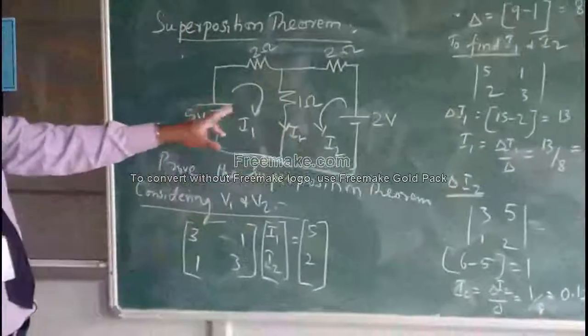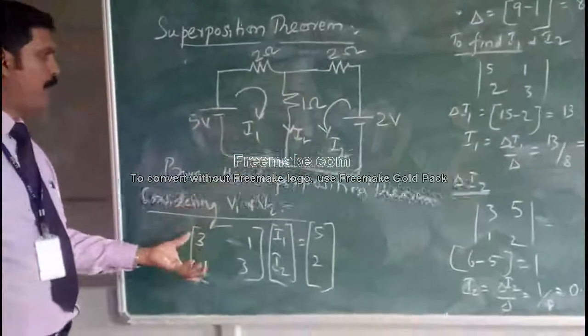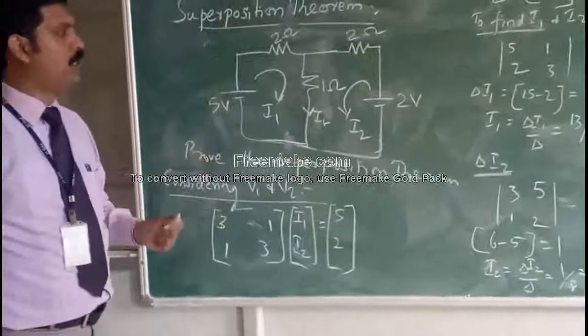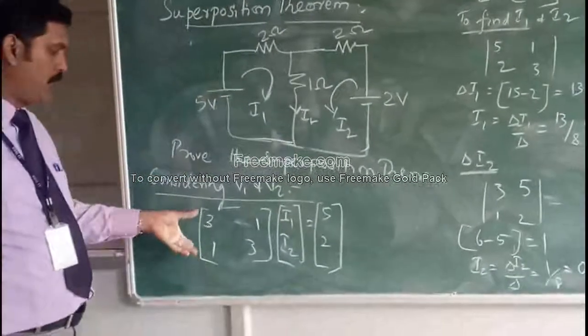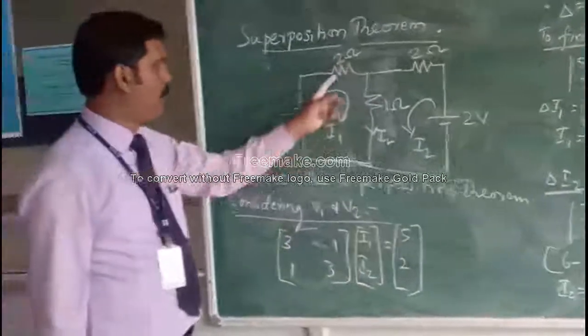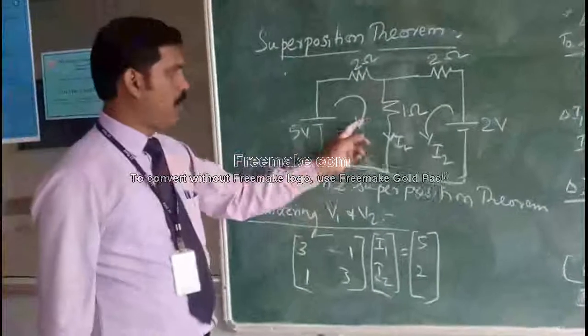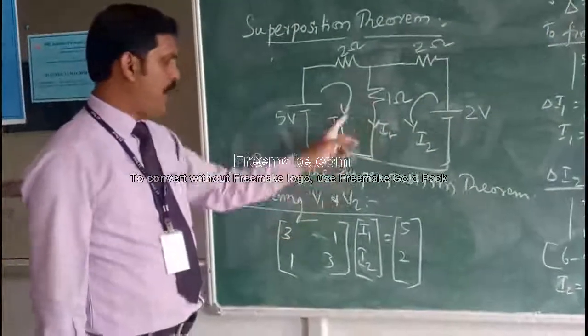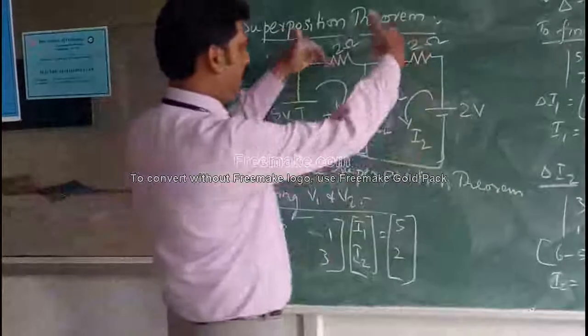So considering both voltage sources, I am applying mesh loop analysis. After that I could derive this matrix format. In this loop, 2 plus 1 is 3. The common resistance between the two loops is 1, and I have put a plus sign because both currents enter in the same direction.